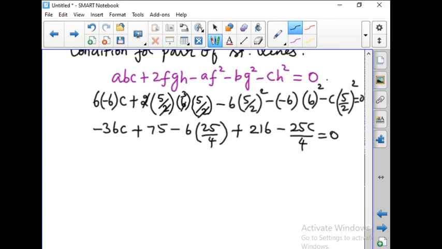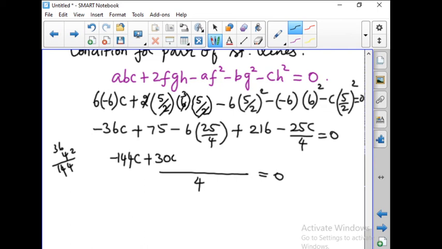Now let us take the LCM as 4. Multiplying, 36 into 4 is 144, so −144c, plus 75 into 4 is 300.